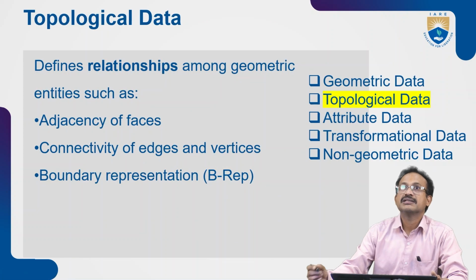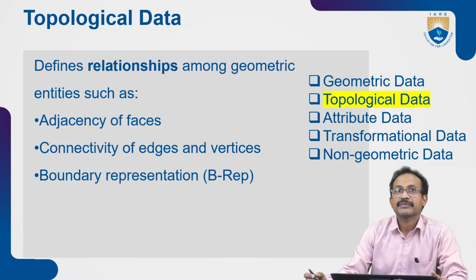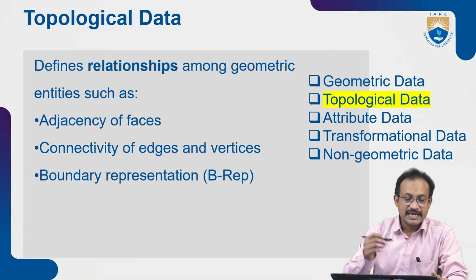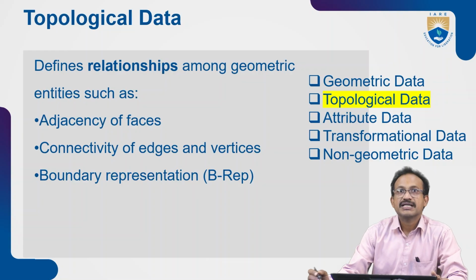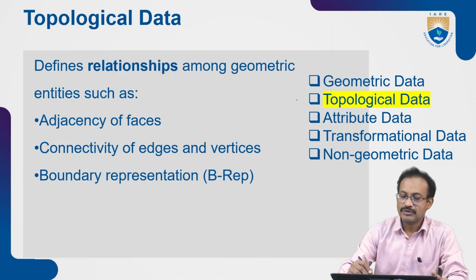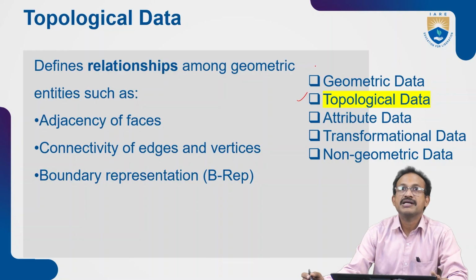Now we'll discuss the topological data. It defines relationships among geometric entities such as adjacency of faces, connectivity of edges and vertices, boundary representation, that is BREP. Topological data defines relationships among geometric entities.